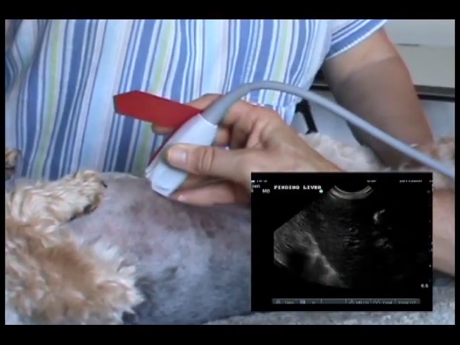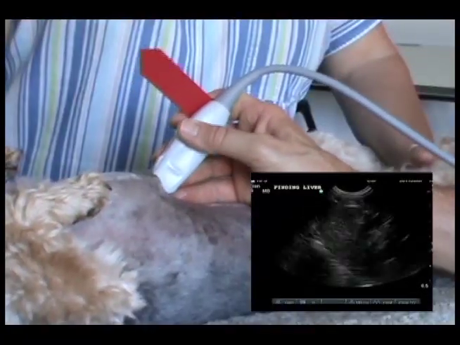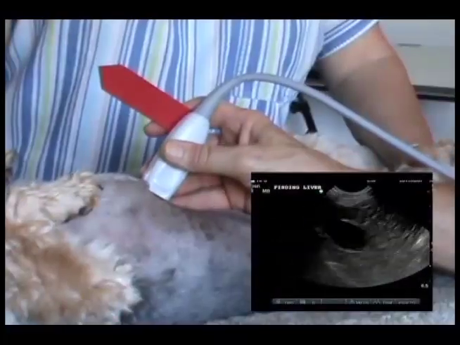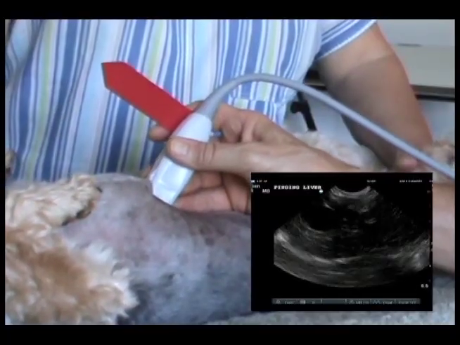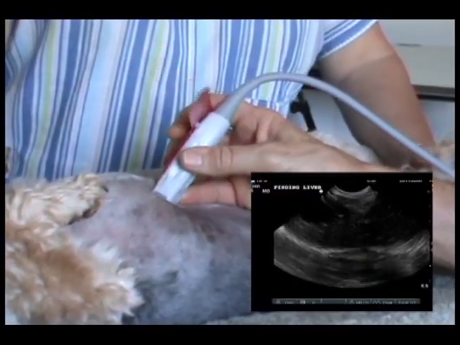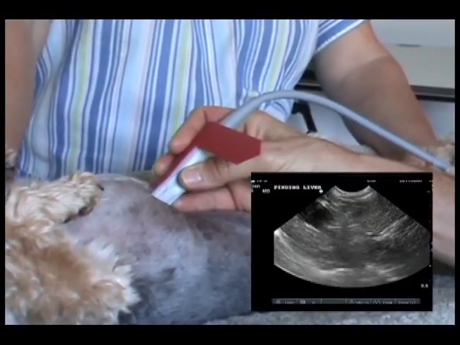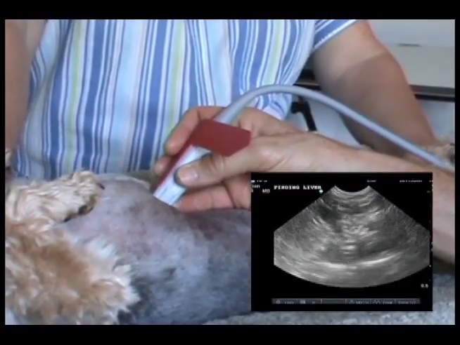Reverse directions and slide to the patient's left side of the xiphoid. If you see or suspect a liver lesion, rotate the transducer to a transverse position. Fan the transducer as far cranially as you can.